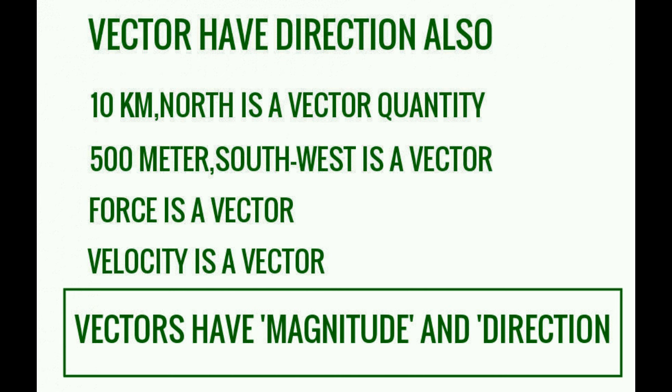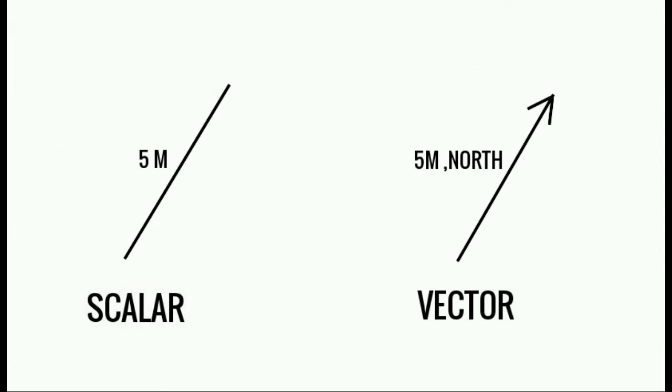So vectors have magnitude and direction. Simply, a scalar can be represented as 5 meter, and a vector as 5 meter north. You can see the 5 meter north is pointed towards something, so it has some direction. So it's a vector.